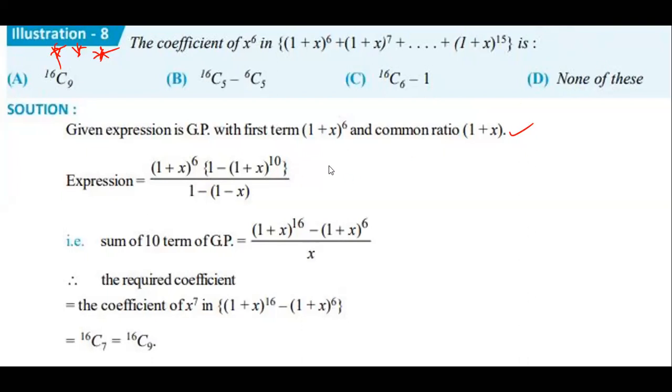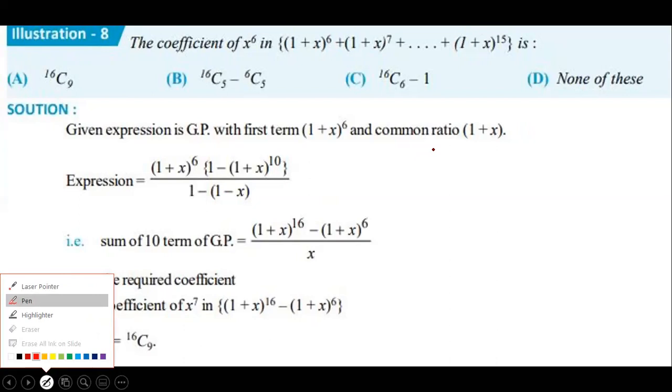Is there any doubt or not? I'm checking. Anyone have doubts? Actually, they wrote this wrong. It's the wrong way, so I'm explaining it carefully. They should write like this only.